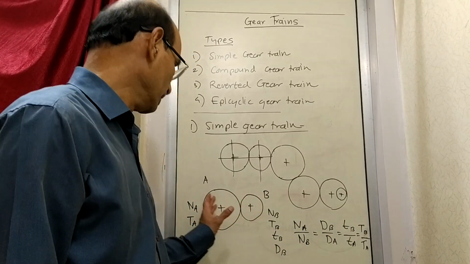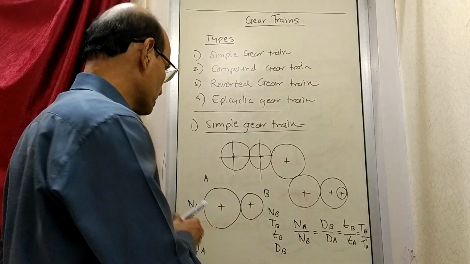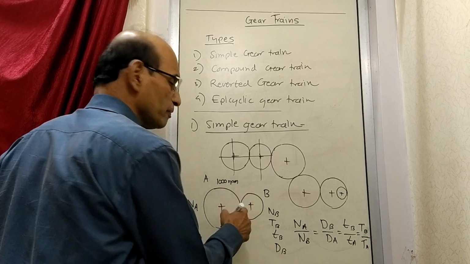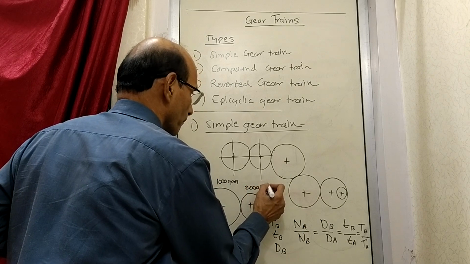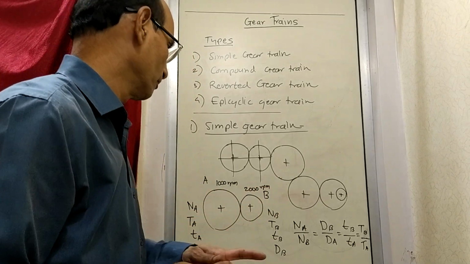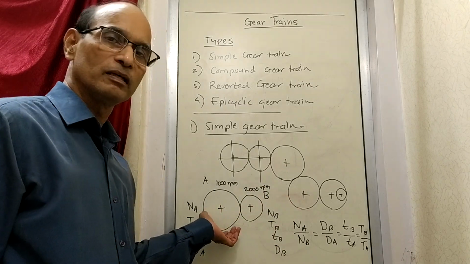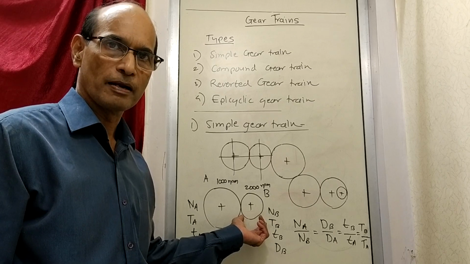So like in this case, suppose the diameter here is half. That means suppose this rotates by 1000 RPM, then this will rotate by double, so 2000 RPM. Because the diameter is half, the speed is double. Suppose this has got 50 teeth, then this diameter is half, that means the teeth will be half, so 25 teeth it will be there.